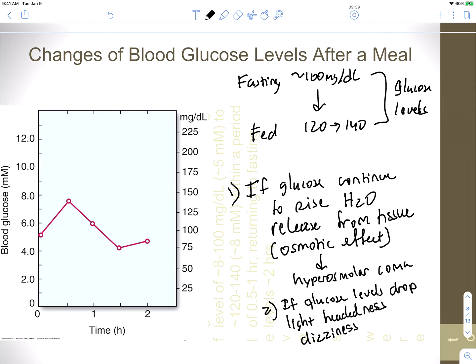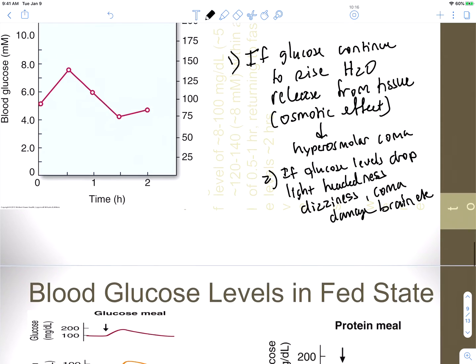It can lead to a coma and you can get damage to your brain, etc. So maintaining blood glucose levels is going to be critical for just normal function of your body.